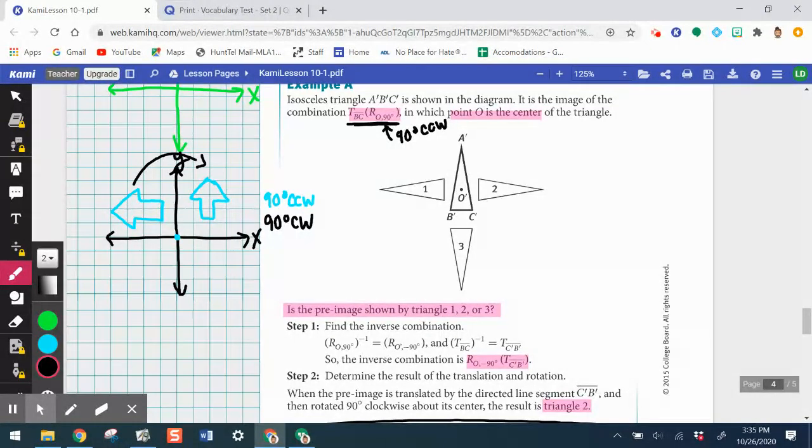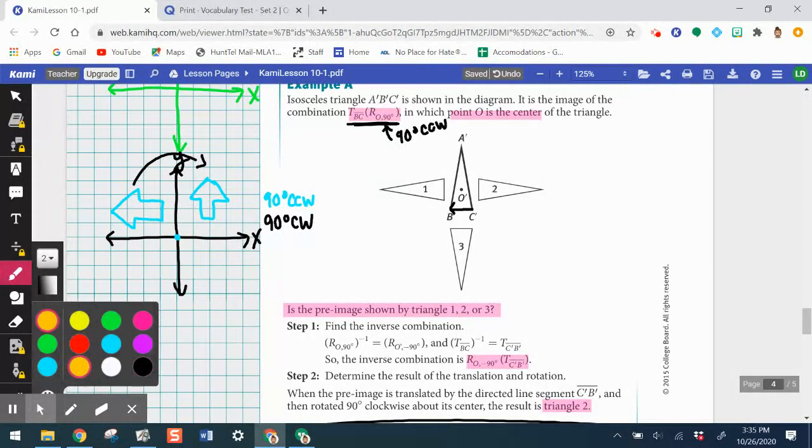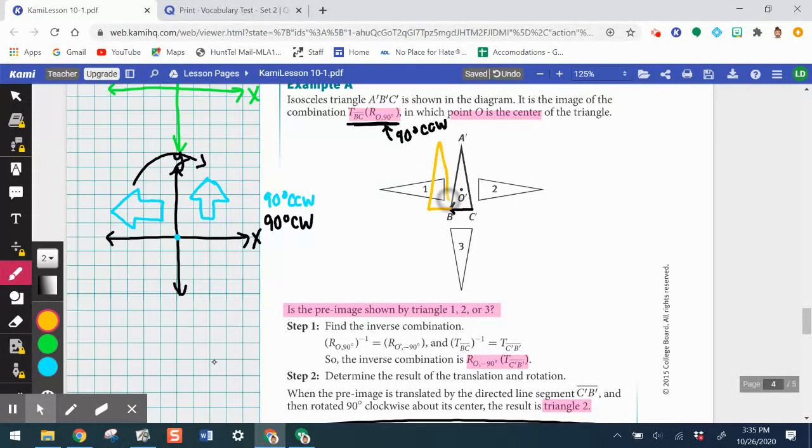So with that in mind, we're going to translate using C prime B prime. So if C to B is actually pointing to the left, that's what we're going to do. And I'll use a lighter color so it doesn't get too crazy. So from C to B, imagine all these points remain roughly in the same general area of each other. And then we're going to rotate around point O 90 degrees clockwise.